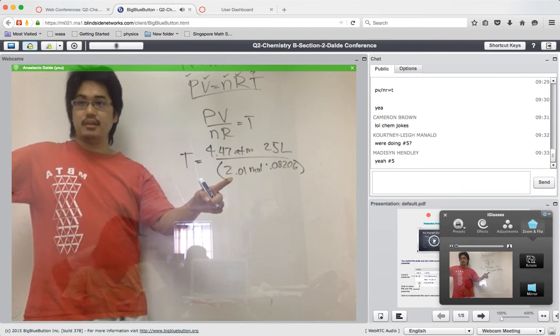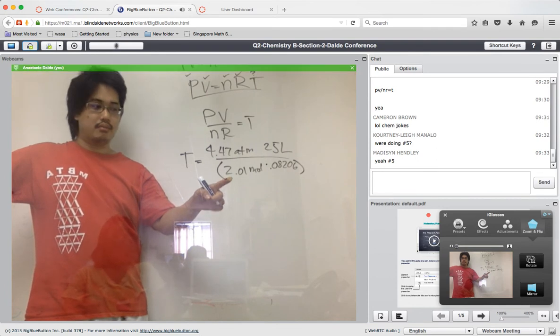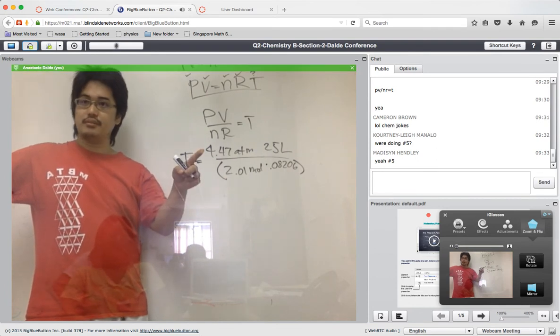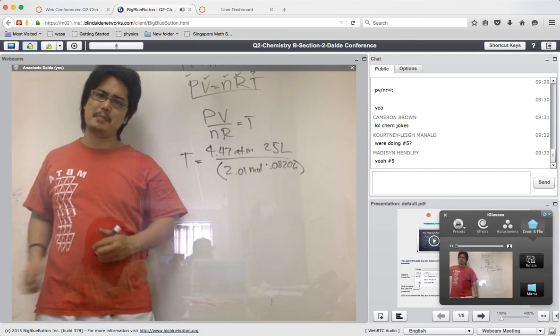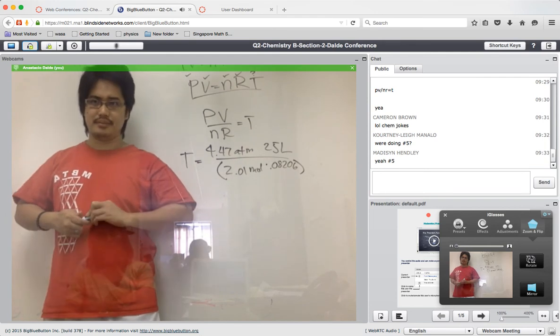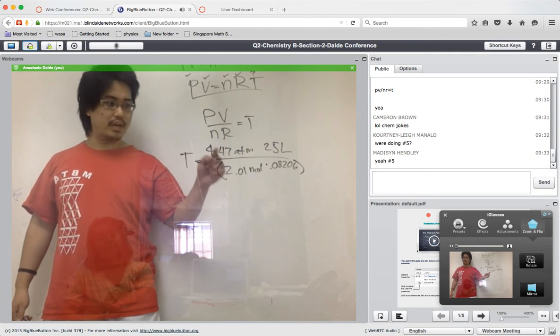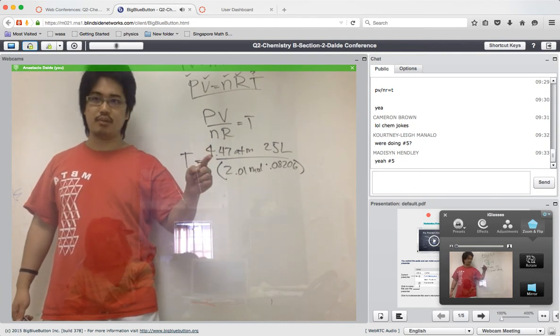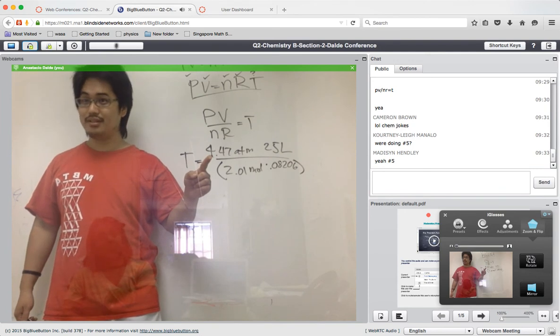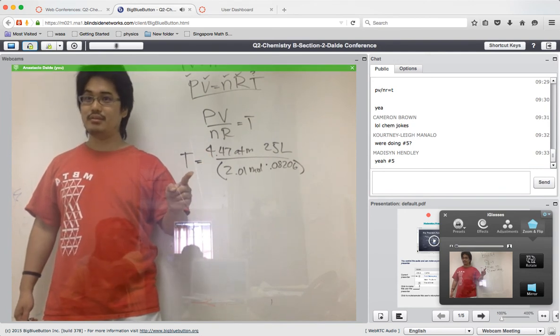And am I putting this at regular pressure? No. Regular pressure is 1 atmosphere. This is almost 5 atmospheres. So think about this: if you have a mosh pit and you put twice as many people in and they're running around, and the pressure is 4 times the amount, what do you think is going to happen to the temperature?